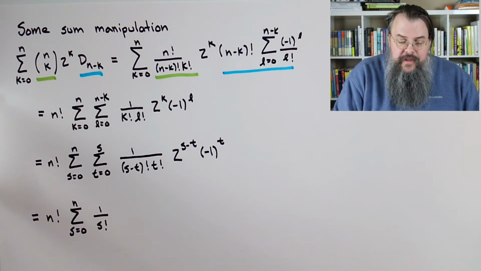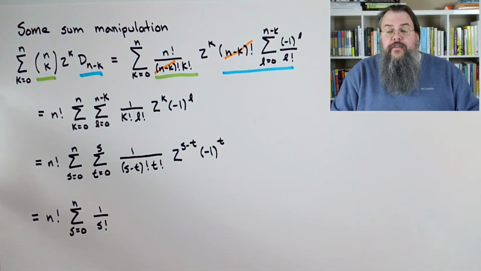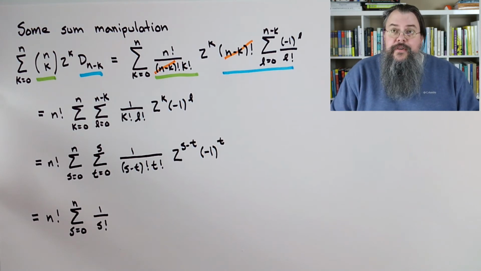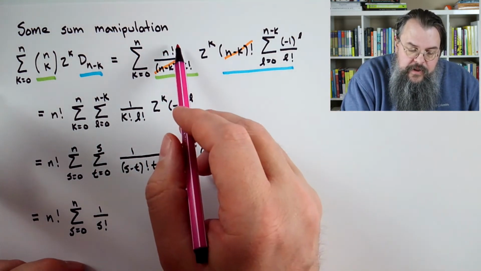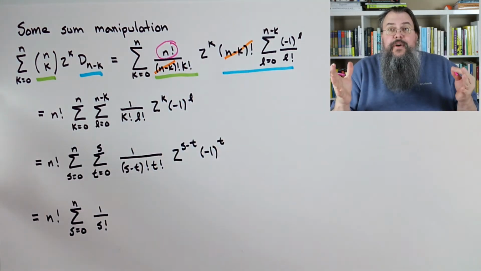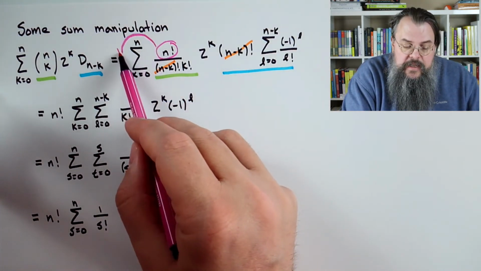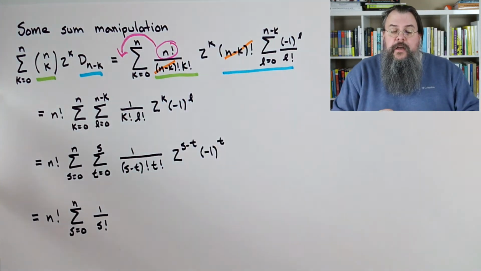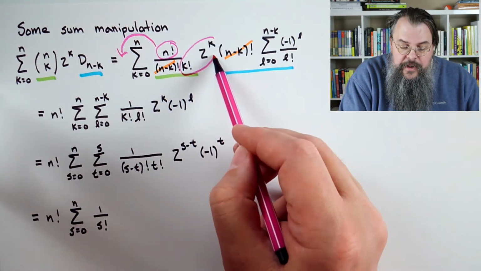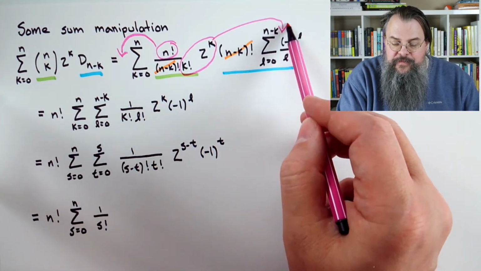Some things are pretty easy to clean up. The n minus k factorials will cancel naturally. Another thing is this n factorial: it doesn't change at any point in our sum, so we can put that on the outside. On the other hand, this 2 to the k over k factorial, we can do the opposite and move that into a sum.